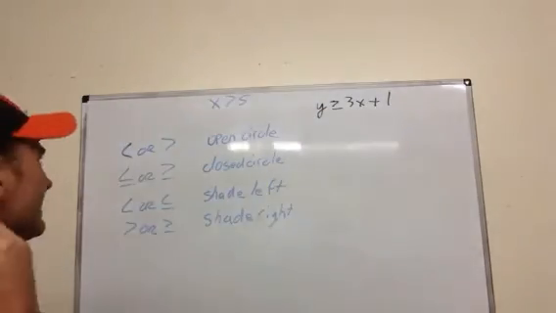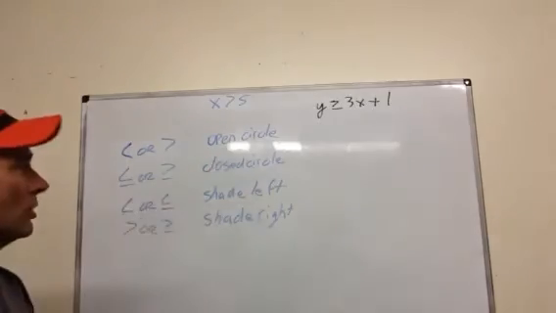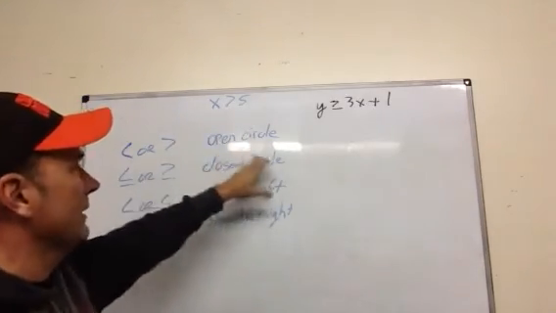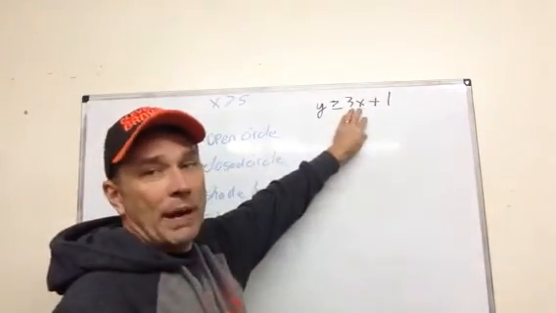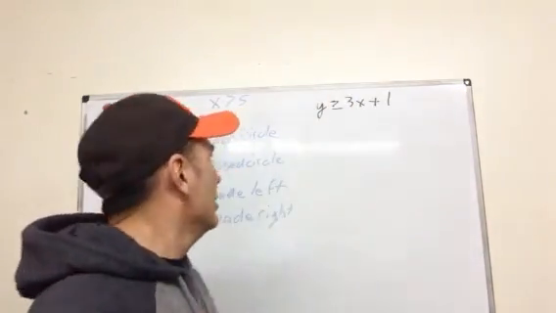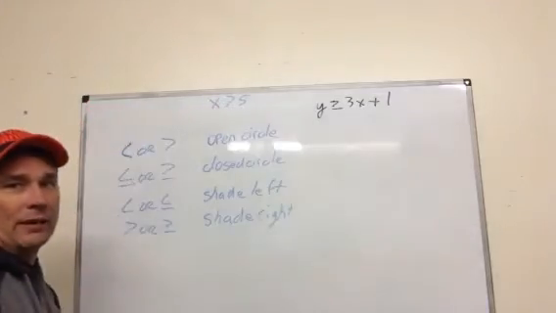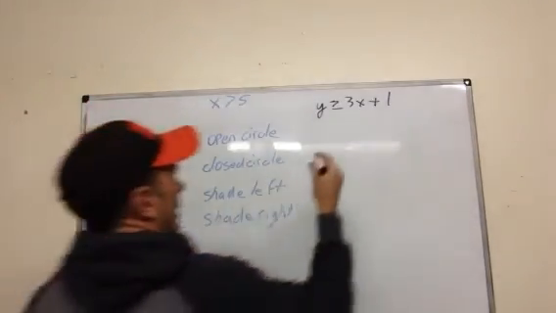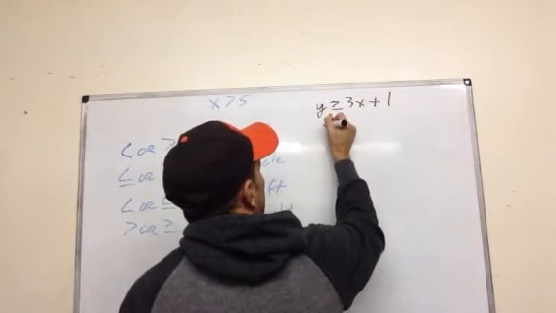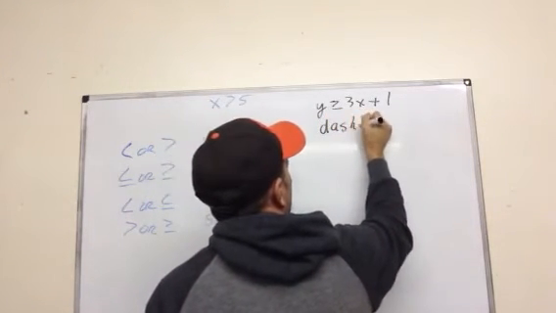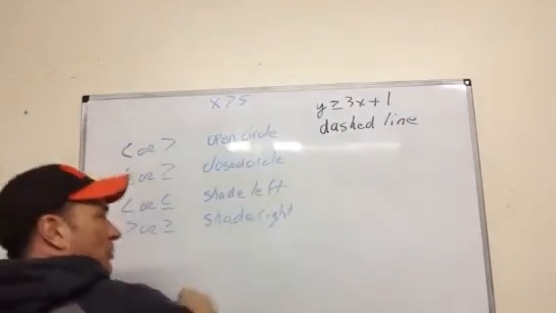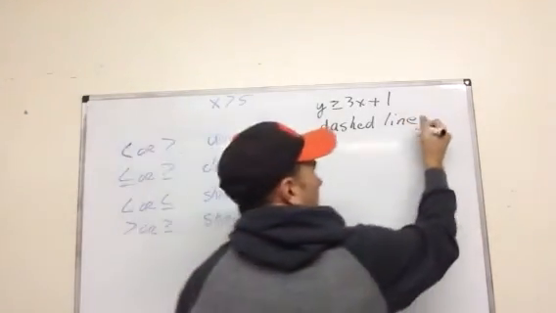Now, instead of doing open circles, because these are actual points on the line, we're comparing the line. So we can't make open circles on a line. But how we represent something with a less than or greater than sign would be a dashed line when we draw it. So instead of drawing something straight through, it's going to look something like this.